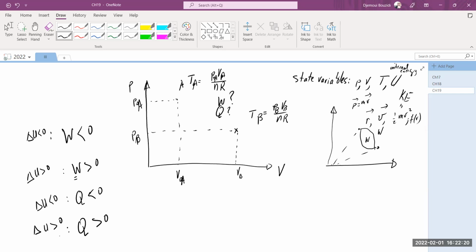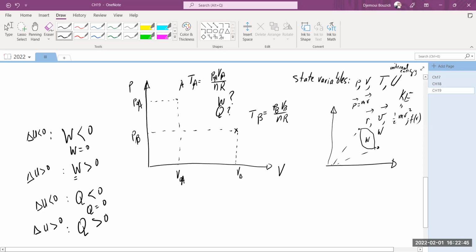Of course, you might end up with a scenario where W stays 0. You can go from A to B potentially, depending on where A and B might be, where there is no work done on the system or done by it. Same thing, you could end up with a scenario where there is no heat exchange.